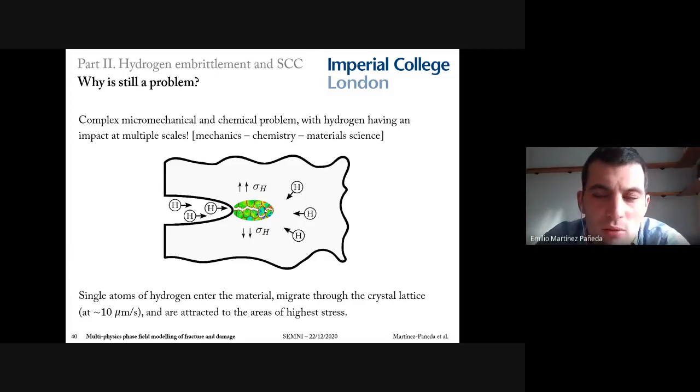So the physical picture is complicated, and this makes the development of predictive models for hydrogen-assisted fracture a very challenging task. So it's a very beautiful problem because it's scientifically very challenging and very fundamental, but at the same time, it has very strong and direct implications for society and engineering practice.